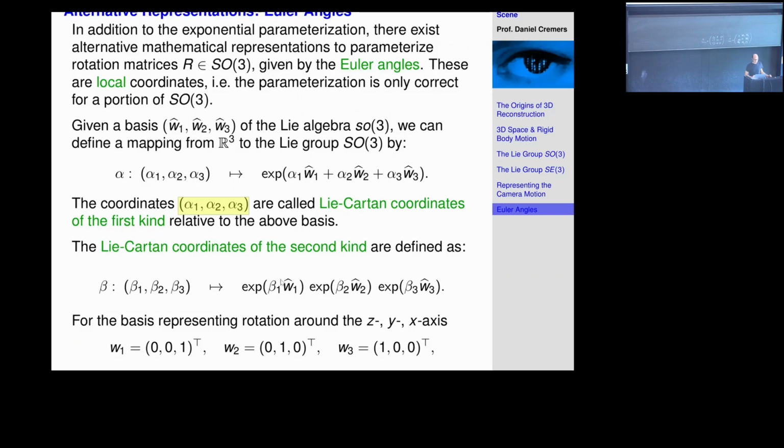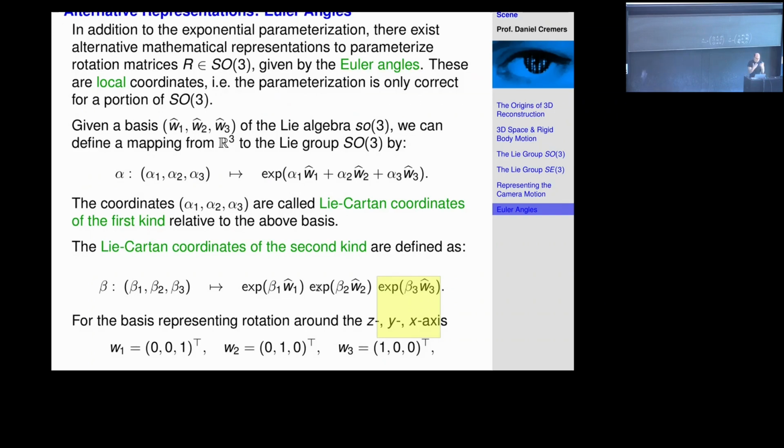Here the difference is the following. Rather than doing the concatenation in the algebra and then exponentiating, you do the exponentiation first to get the group element. So this is the one rotation matrix, this is another rotation matrix, and that's a third rotation matrix. And then you do the concatenation not in the algebra but in the group by multiplying.